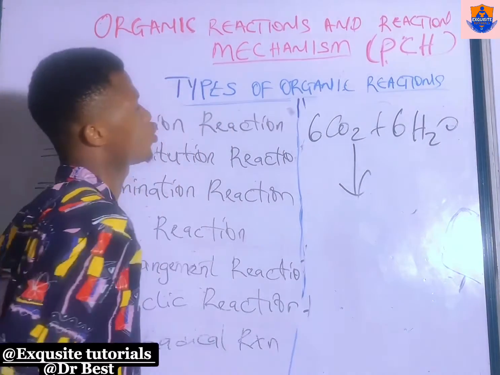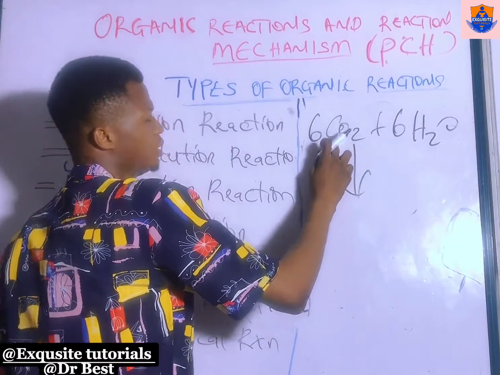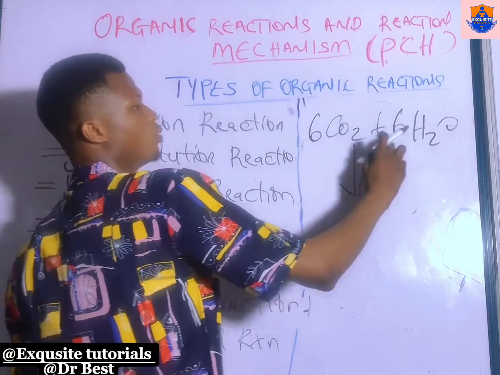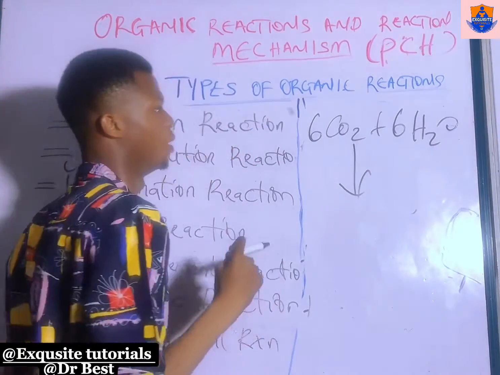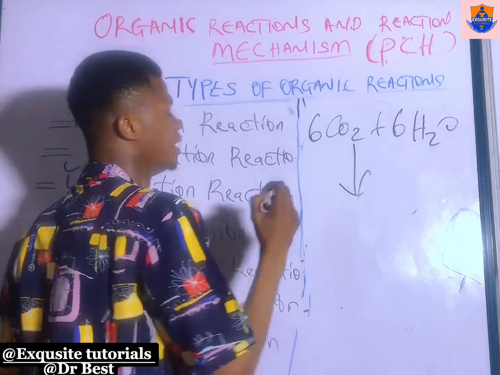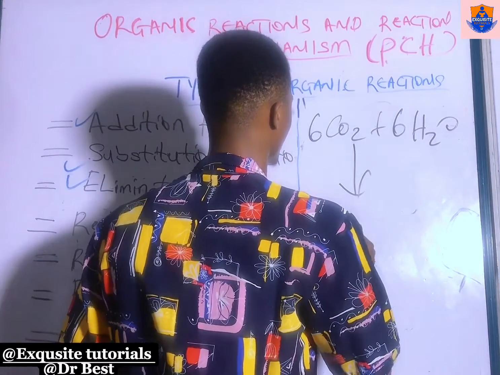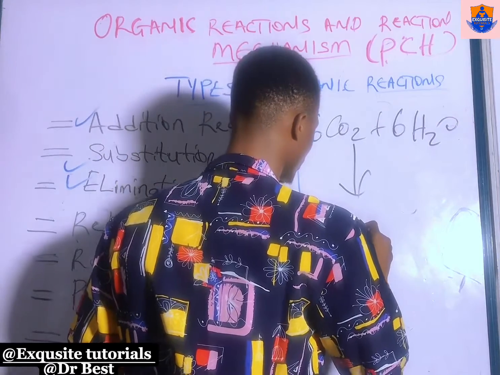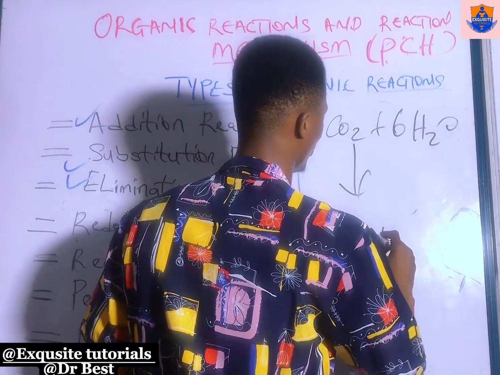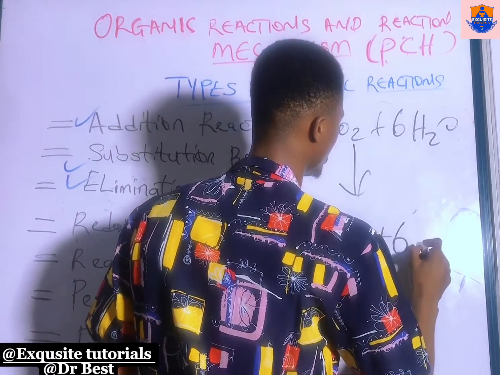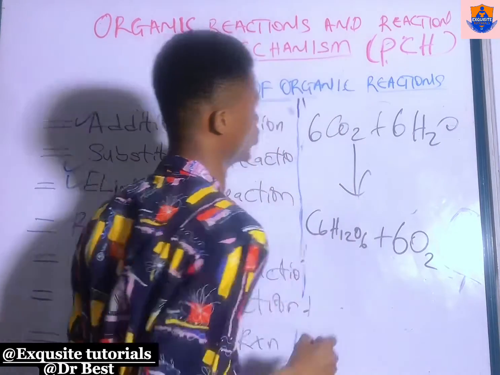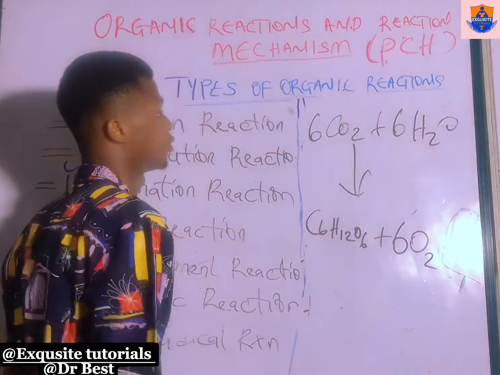Now, we are going to reduce this compound and oxidize this compound at the same time, simultaneously. So this will give us C6H12O6 plus 6O2, right?